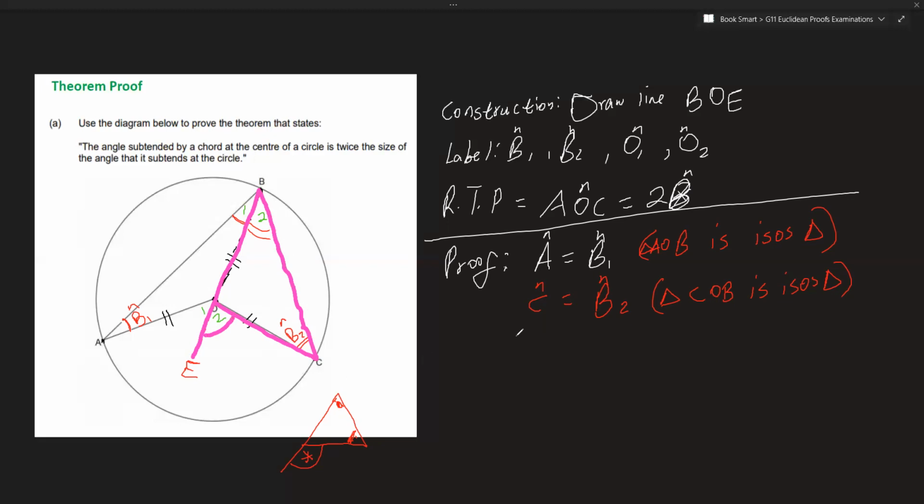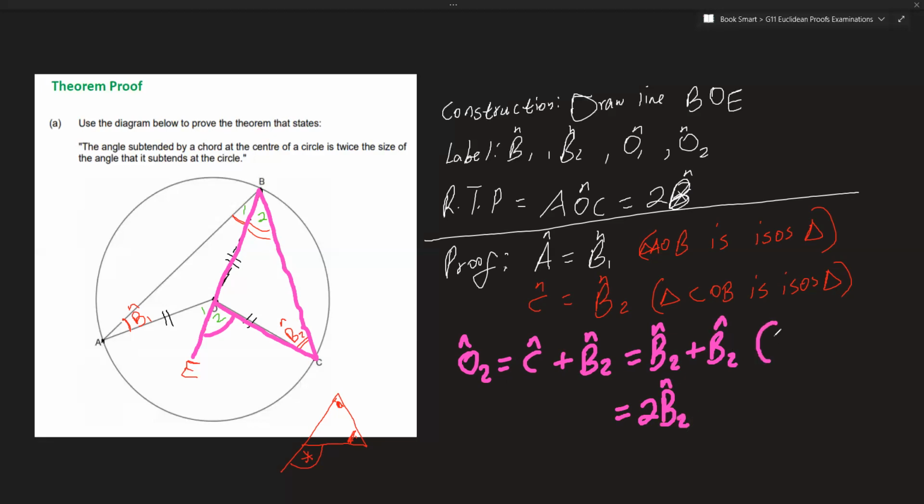So we're going to say O2 is the same as angle C plus angle B2, which is the same as, remember angle C we just said is the same as B2, so B2 plus B2, which equals 2 angle B2. And then our reason here is exterior angle equals sum of interior opposite angles. So I just proved that O2 is this.